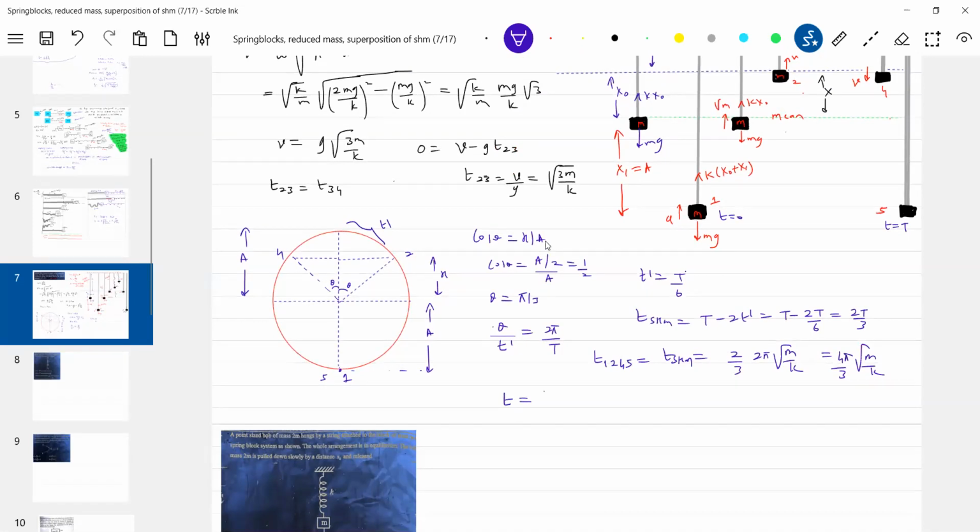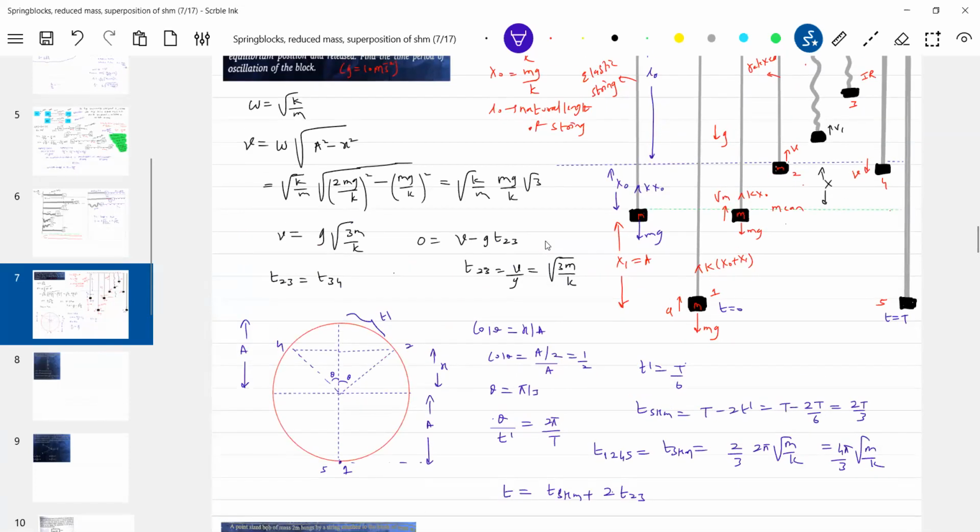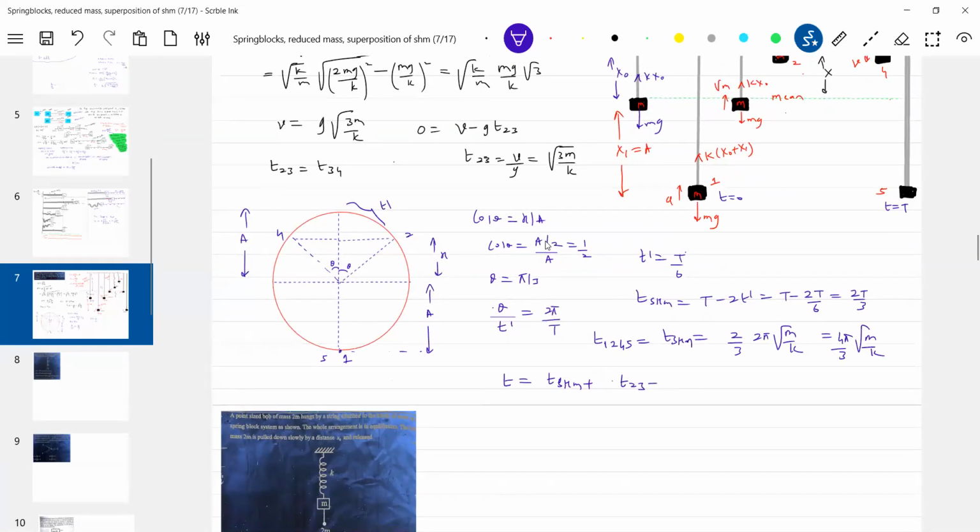T is equal to, so shall we write the time period of SHM plus 2 times T23. In fact, these two are equal. Already we have this. So therefore, this will become 4 pi by 3 root of m by k plus 2 times root of 3m by k.